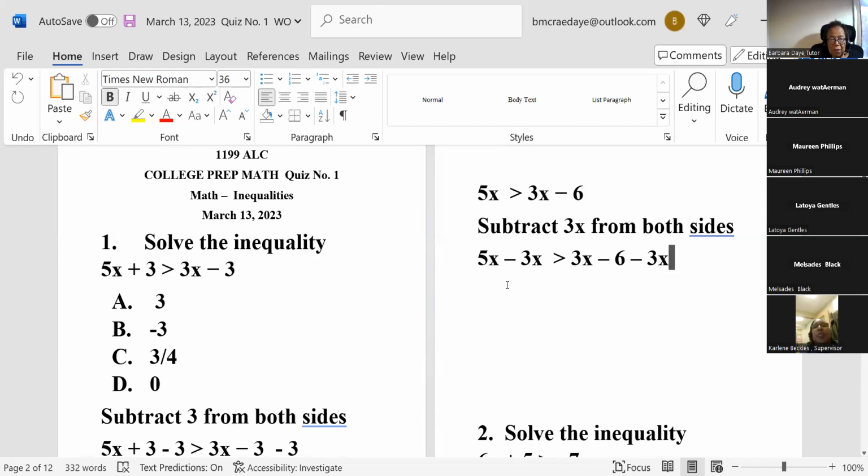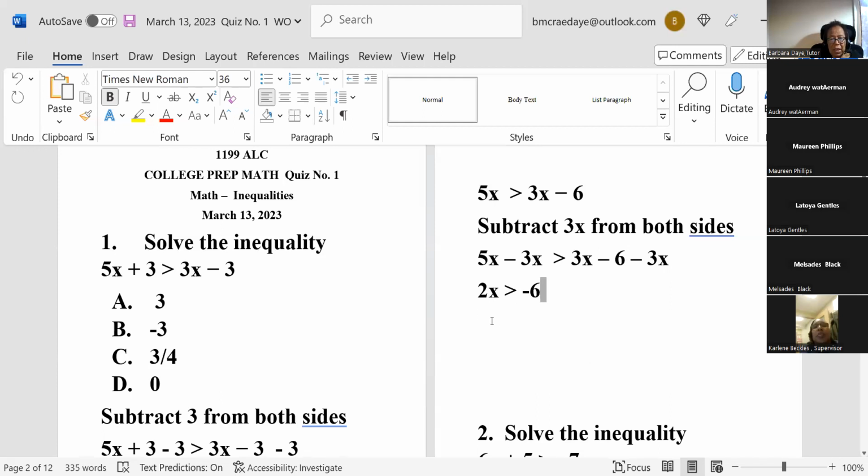Now what's left on the left side, Mercedes? Left side, you have 2x. And what do you have on the right side? You got 0, so you're going to have greater than minus 6. Remember your signs, right? Now you've got 2x greater than minus 6.